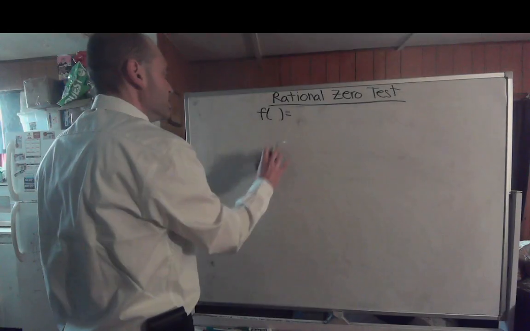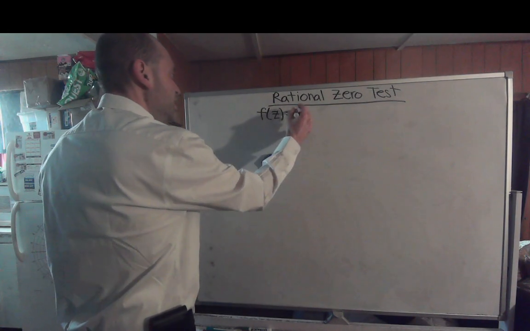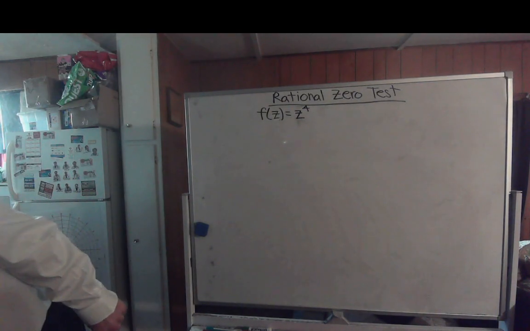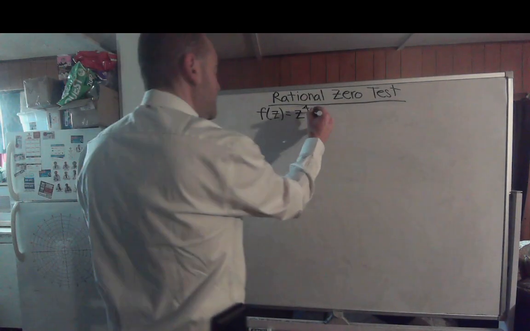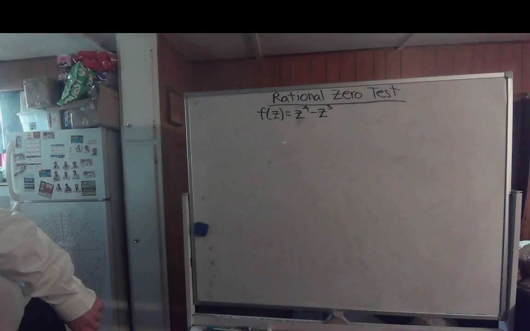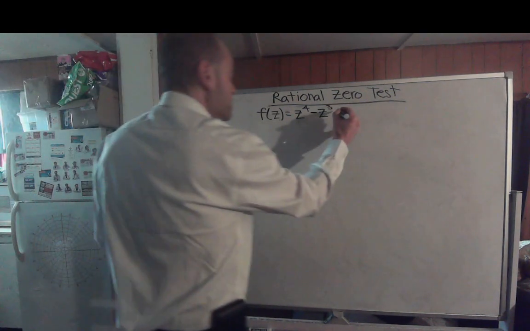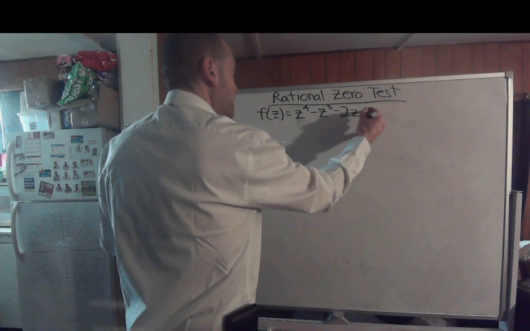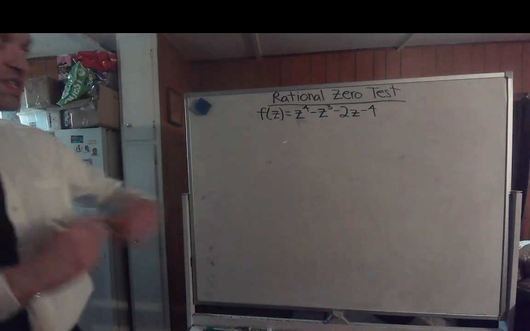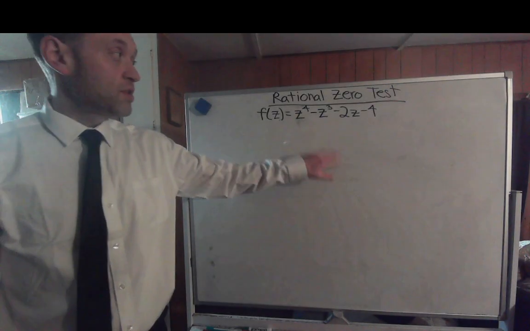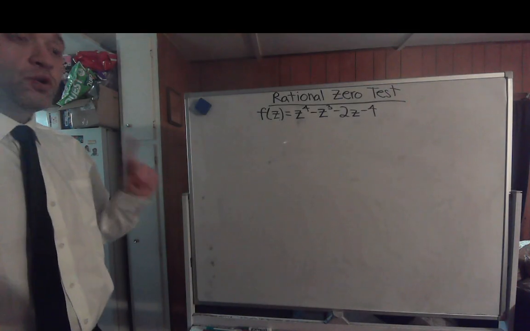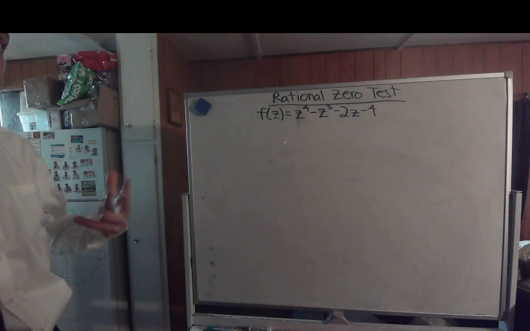Minor change here. So f of z equals z to the 4th minus z to the 3rd minus 2z minus 4. First thing you want to do is find your possible rational zeros.